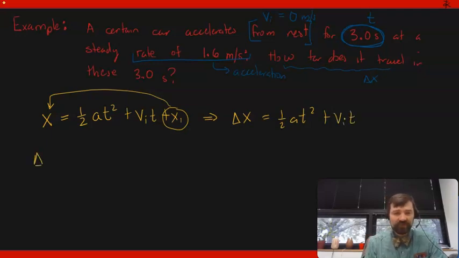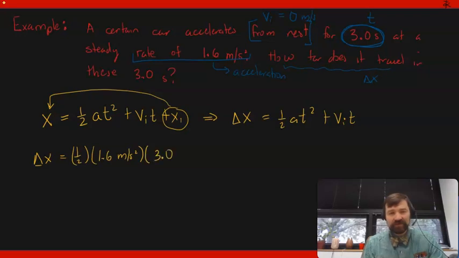So if we plug the numbers in, delta x is half of, and then our acceleration was 1.6 meters per second squared. Our time is 3 seconds. We have to square it. And then from rest was our 0 meters per second initial velocity.